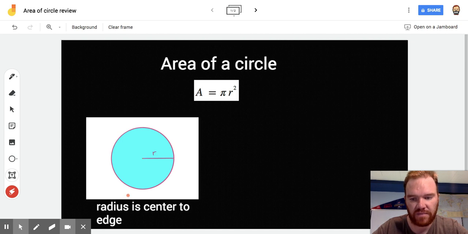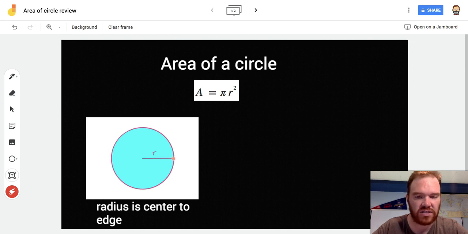The radius is going to be from the center to the edge of the circle. So we have a line here from the center of the circle all the way out to the edge. That's our radius, or that's our R. Okay? So we know what the area means. We know what the R is.